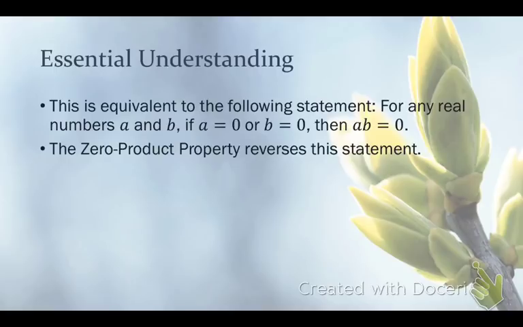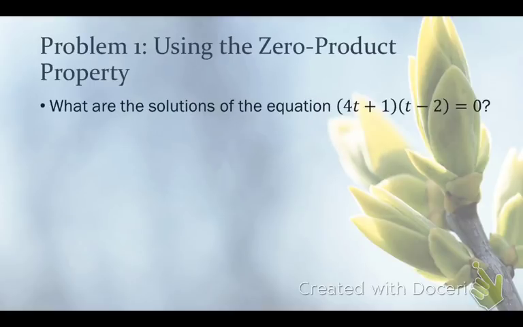So what does it look like to actually apply the zero product property in order to solve or find the solutions to the equation? So we have 4t plus 1 and t minus 2 are equal to 0. So using the zero product property, what I can do is set each individual set of parentheses equal to 0.